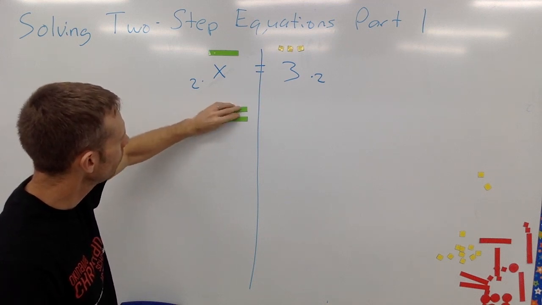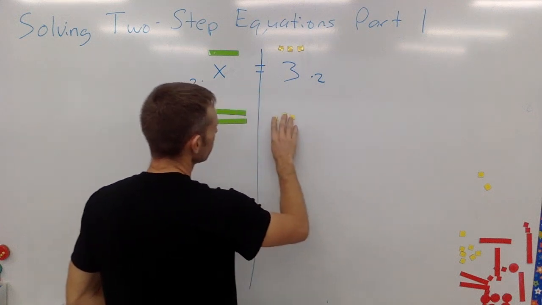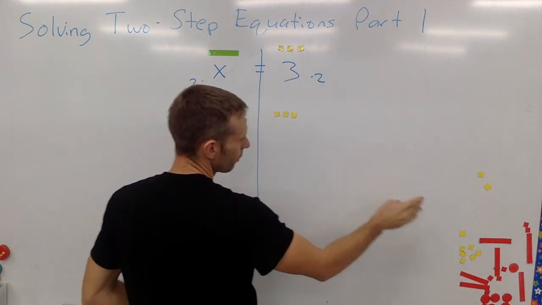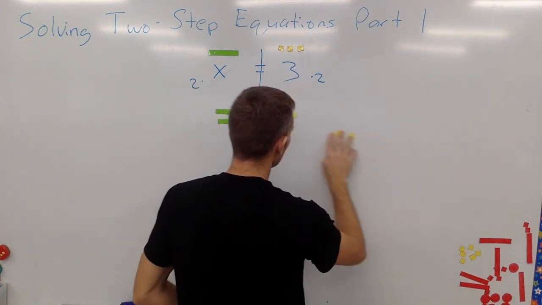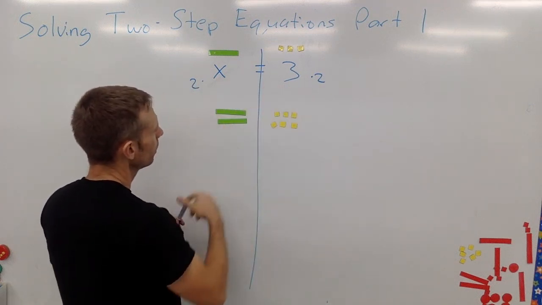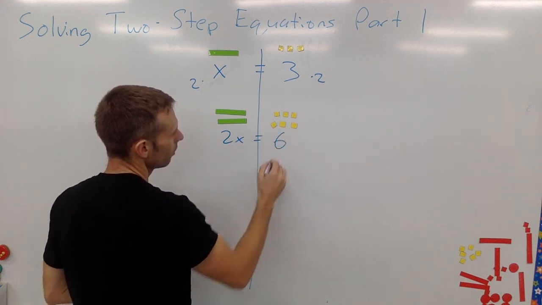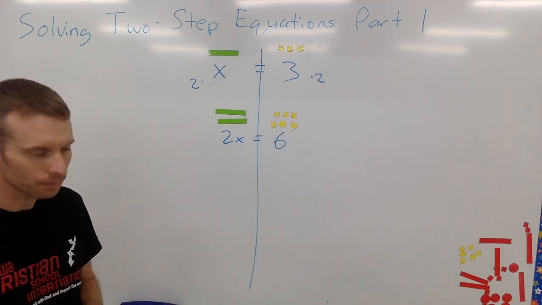Instead of 1x, I now have 2x, and instead of 3, when I double that, I get 6. So when I multiply both sides by 2, 2x now equals 6.